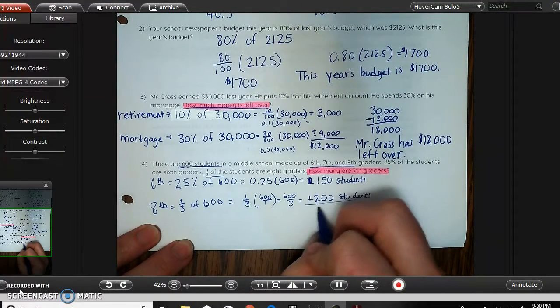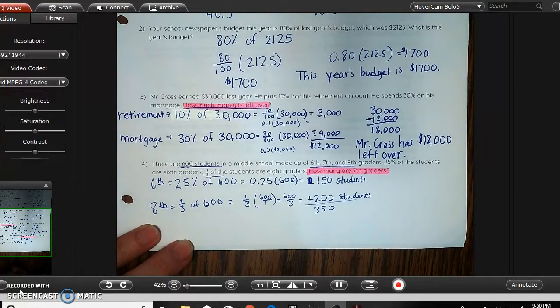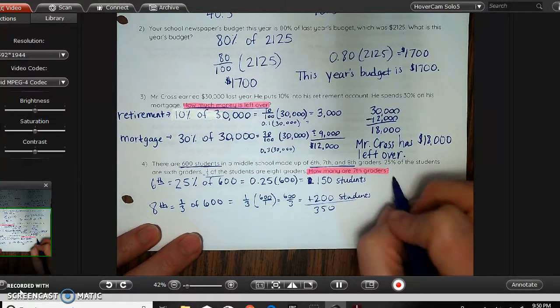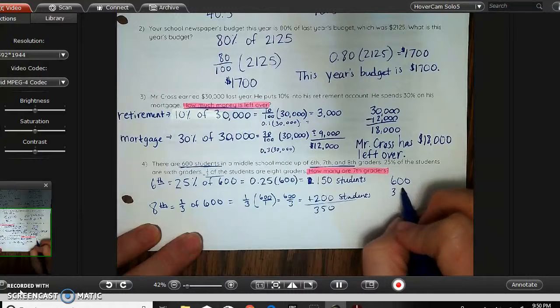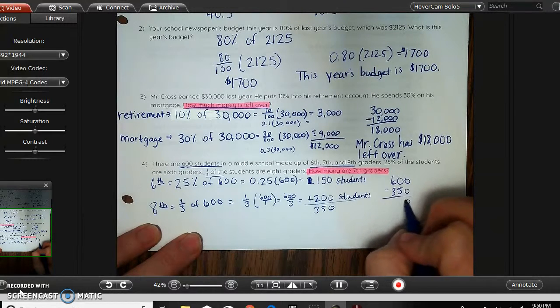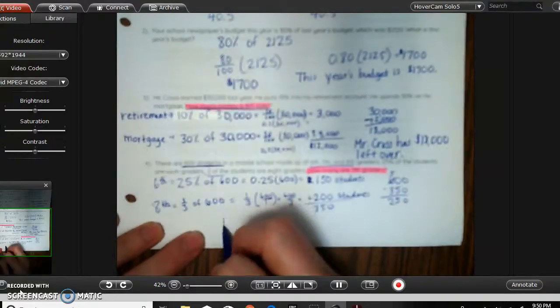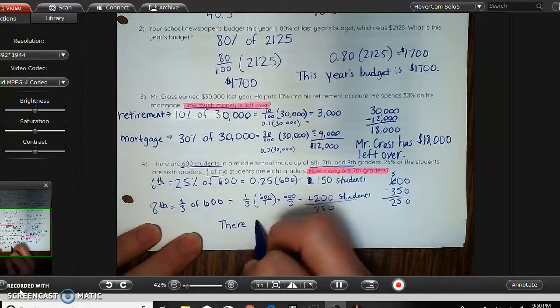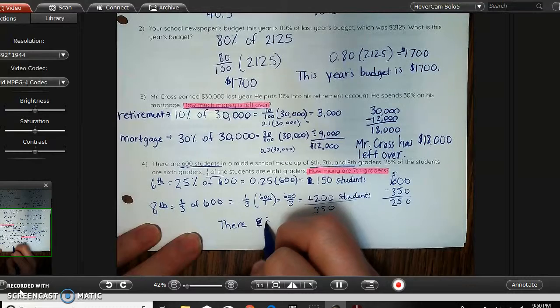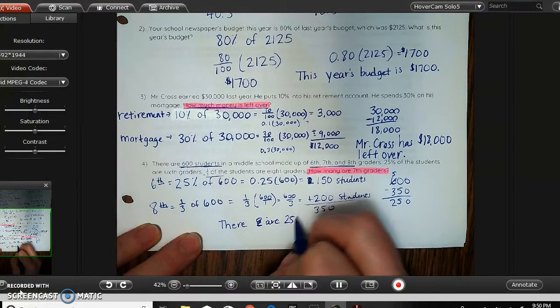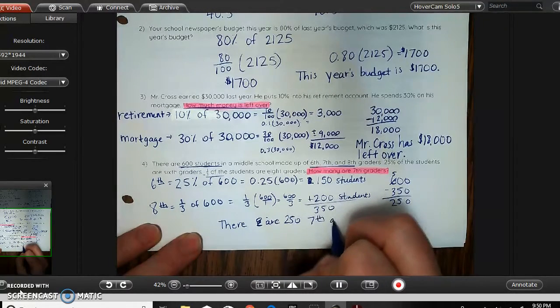So far, I have accounted for 350 of the students. Since I had 600 students to begin with, that leaves me with 250 7th graders.